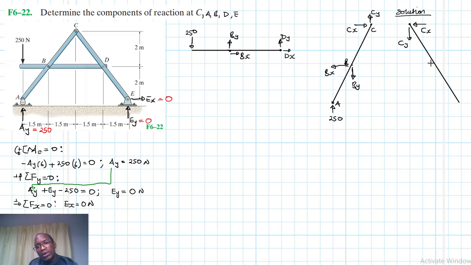Then at this point here, this is our D, so we'll have one going down, which is DY, and going this side, DX. On that side, we don't have any force, they are all zeros. This point is E. Great, I think this is fine.